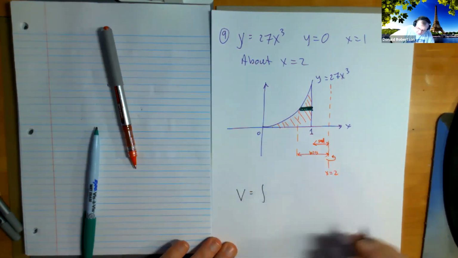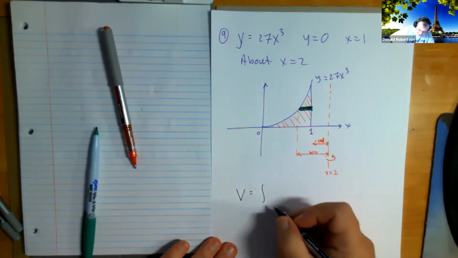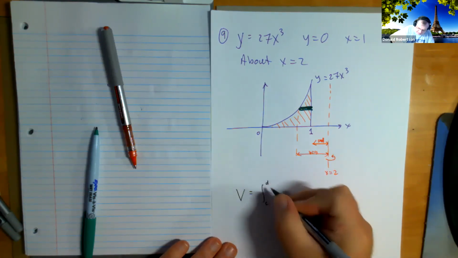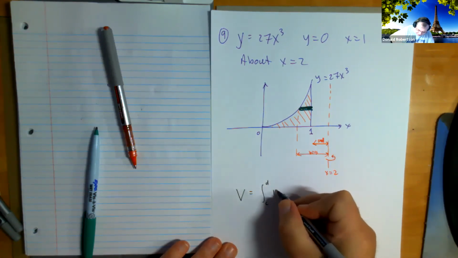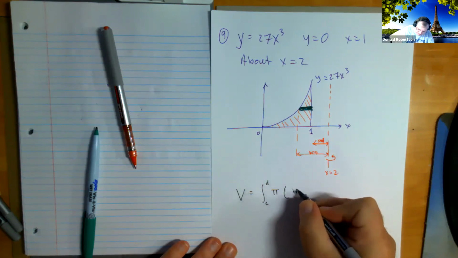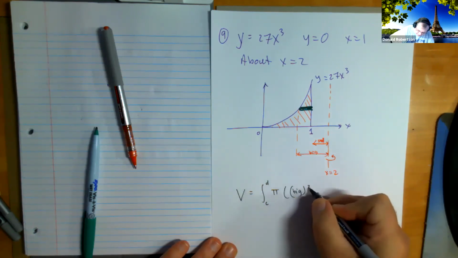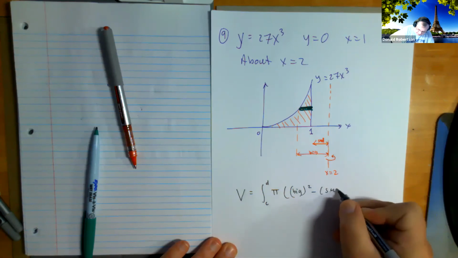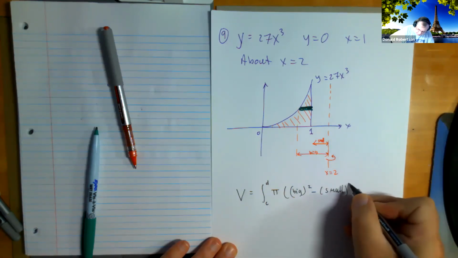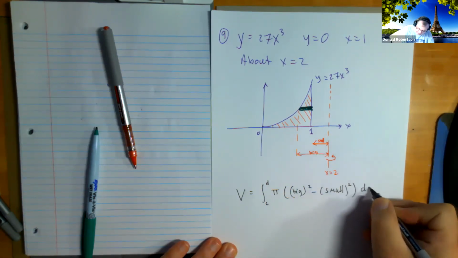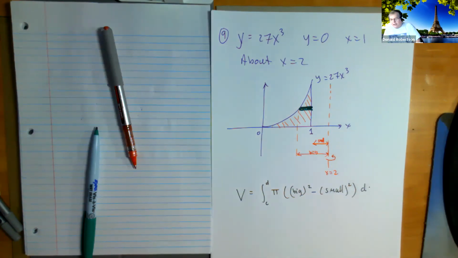is the integral from c to d of pi, the big radius squared, subtract the small radius squared, dx or dy?